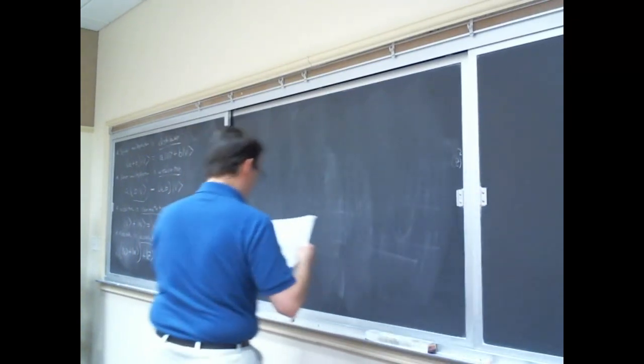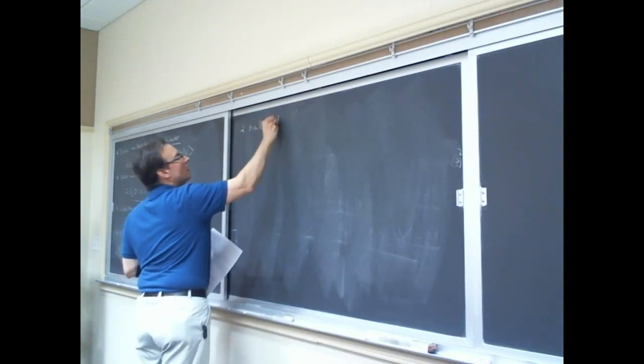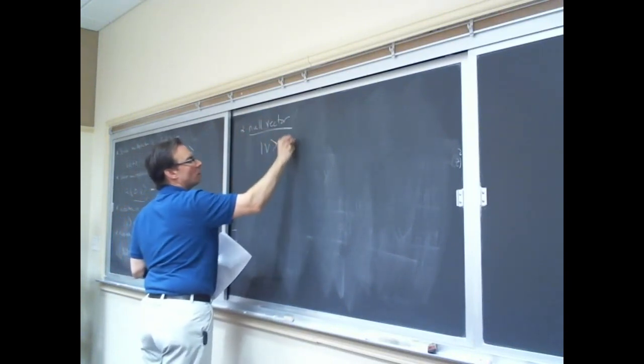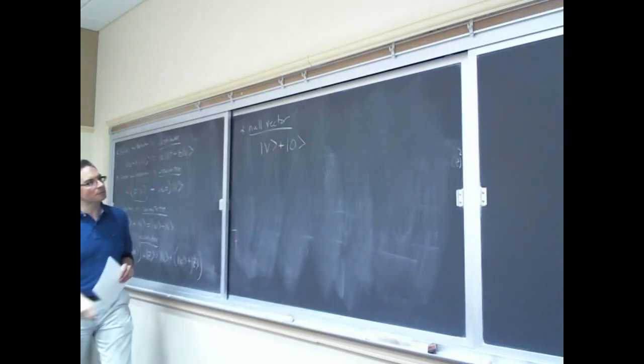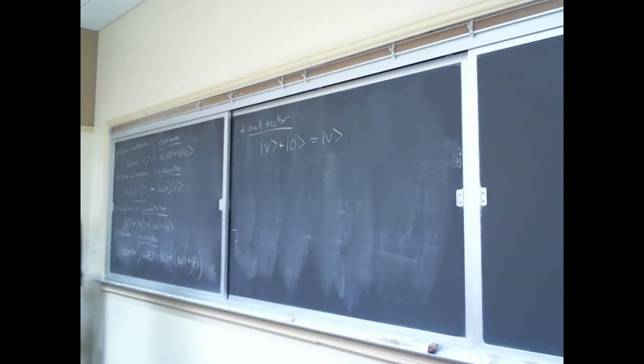Okay, there's a null vector such that if you take ket V and add it to the null vector, which I'll denote as ket 0, you get back ket V. It does nothing under addition to the vector.